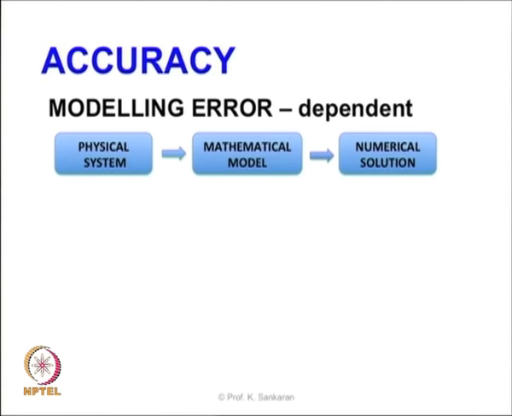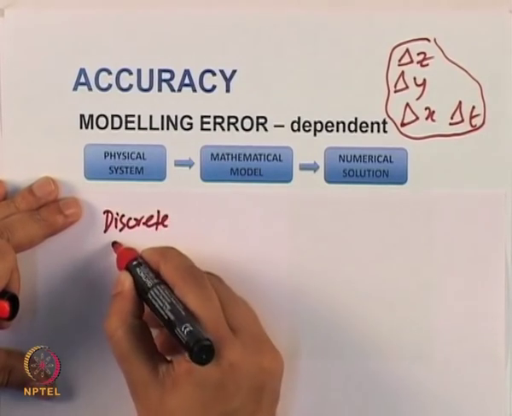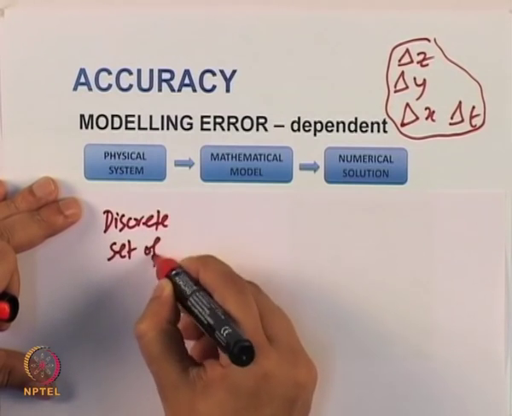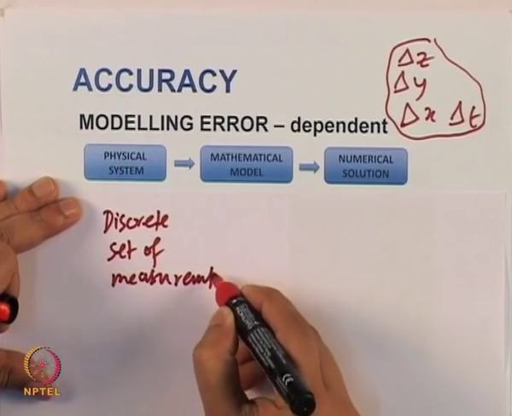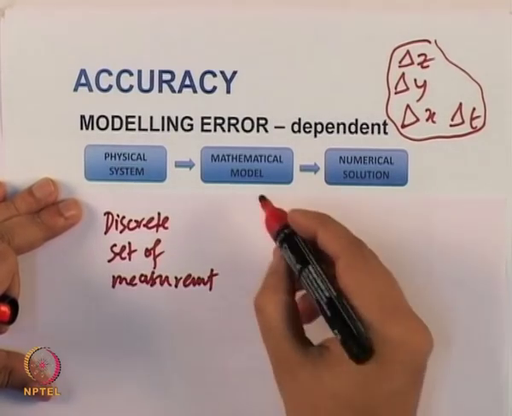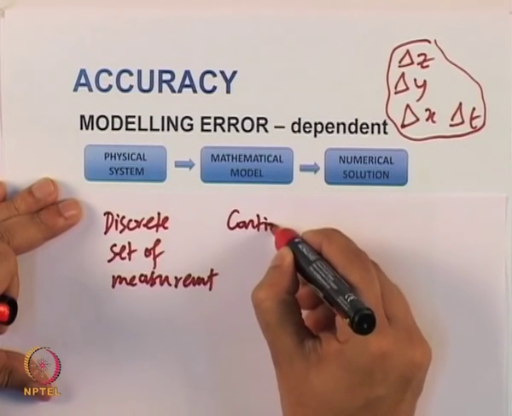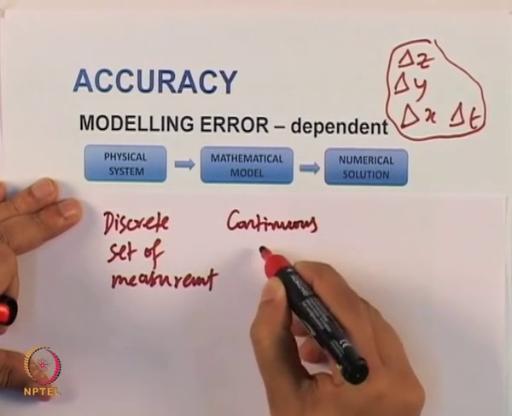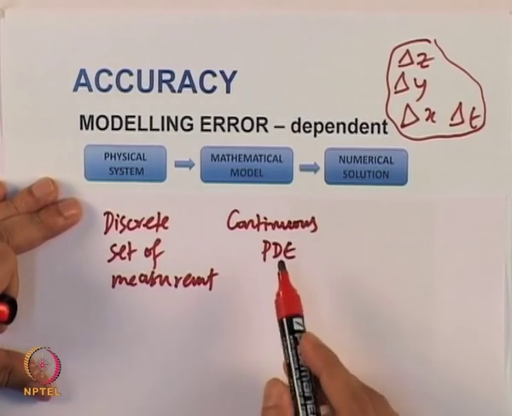So here the physical system is basically a discrete set of measurements. The mathematical model, on the contrary, is continuous. What I mean by continuous is that our partial differential equations are in the continuous space.